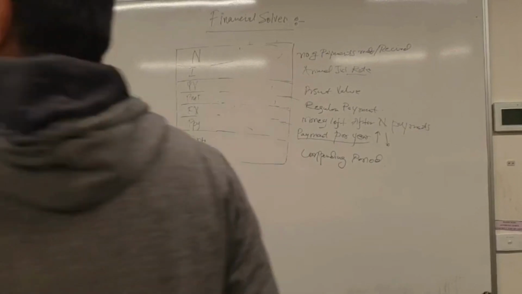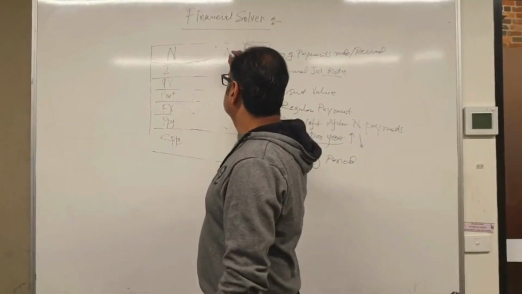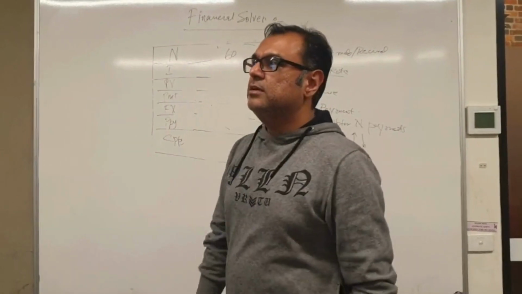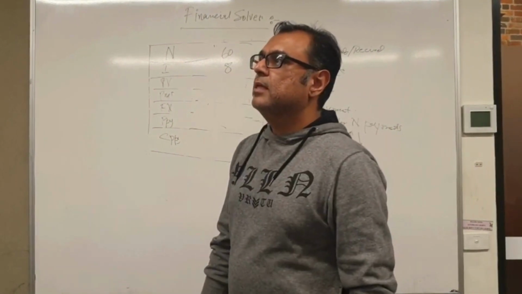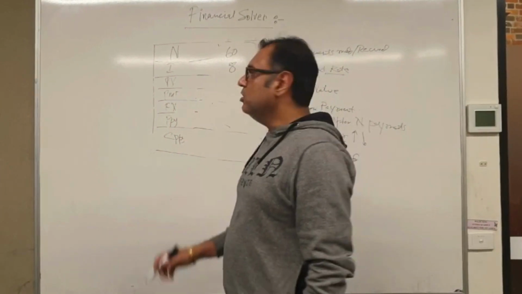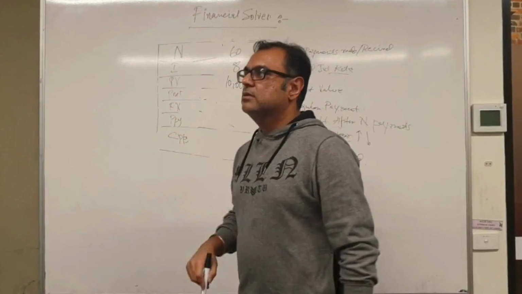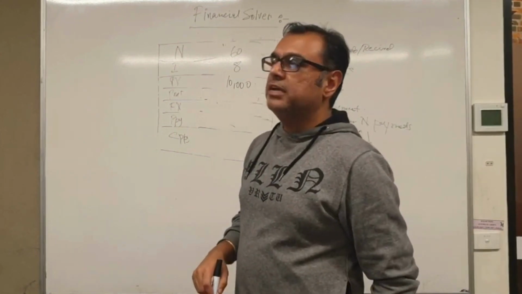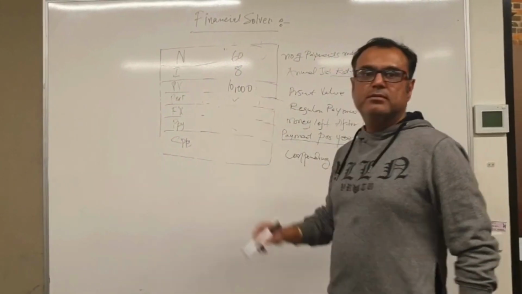Now let's read it. 60 months, N is 60, 8%, I is 8. How much has he borrowed? $10,000. The regular payments is something that we have to calculate. I'll leave this as blank.